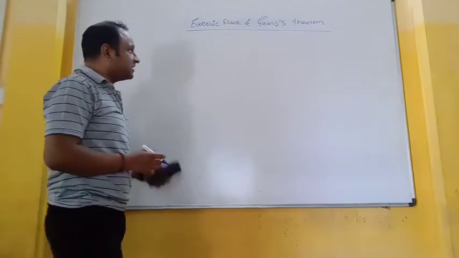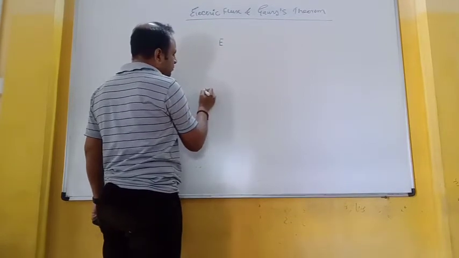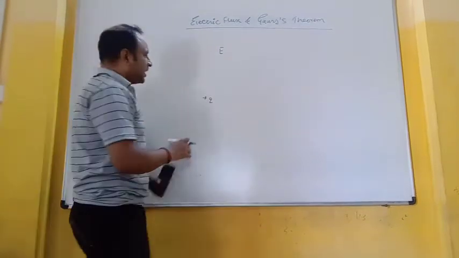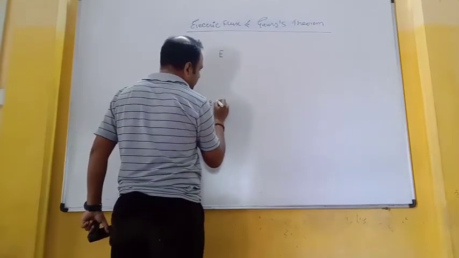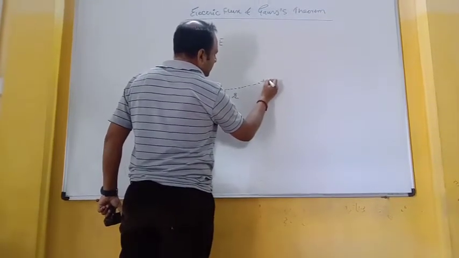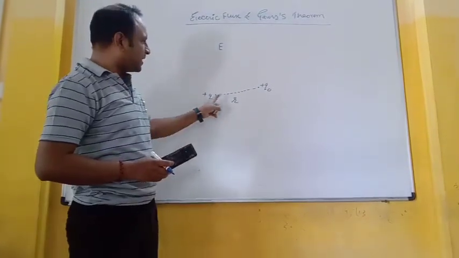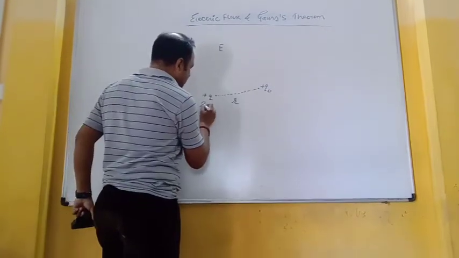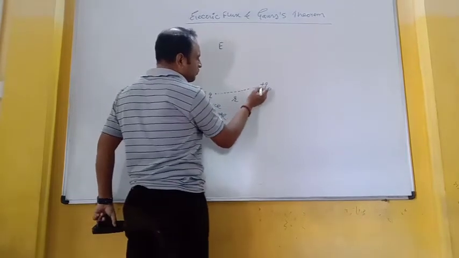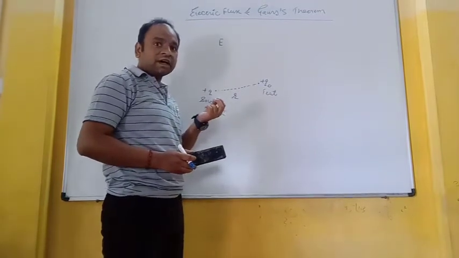We know the electric field intensity at a point due to a point charge Q. At a distance r from this point charge Q, if I assume a small test charge is placed, then by Coulomb's law, this source charge will exert a force on this test charge, and the magnitude of that force is given by Coulomb's law.